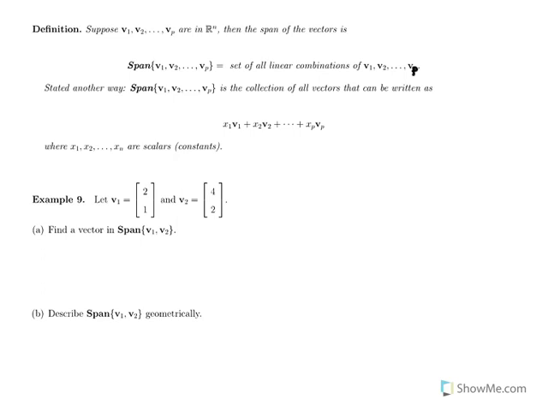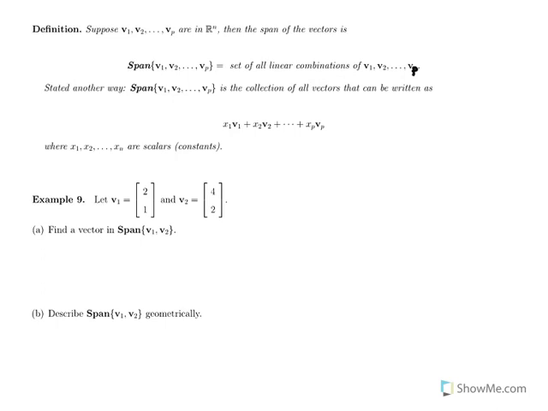Stated another way, the span of v1 to vp is the collection of all vectors that can be written as x1v1 plus x2v2 plus dot dot dot plus xpvp. That's a linear combination of those vectors where x1 to xp are scalars or constants or real numbers in our case right now. That is the span. It's all linear combinations.